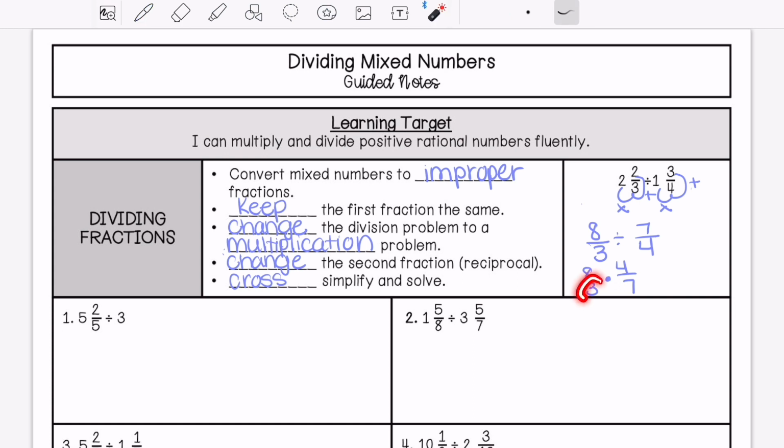We do not have a greatest common factor other than 1, so we cannot cross simplify. So then we have 32 over 21, and we'll convert that to a mixed number, so that is 1 and 11/21.